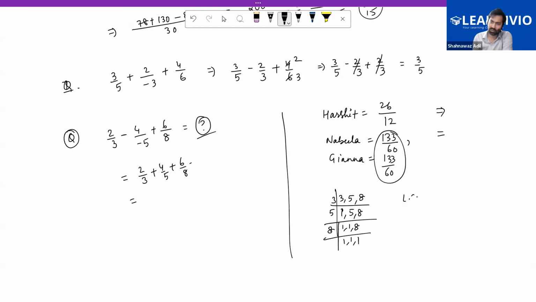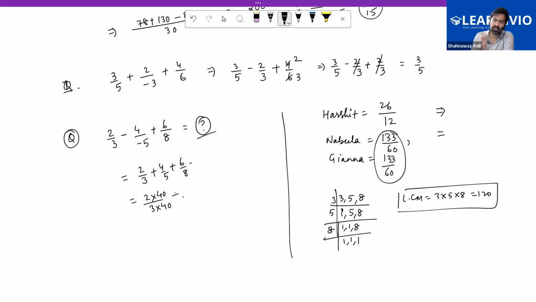So this is 3, 5, and 8. So how much is that? 120. Okay, so this is 120. So what should we multiply? 40, right?